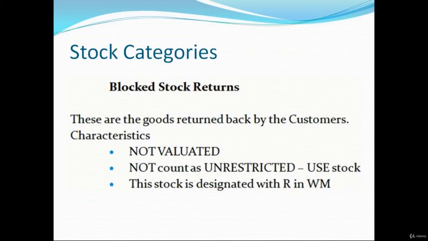So these are the blocked stock returns. There could be n number of criteria by which it can happen. Maybe the quality of the material may not be good, so that it cannot be used by the receiving company.